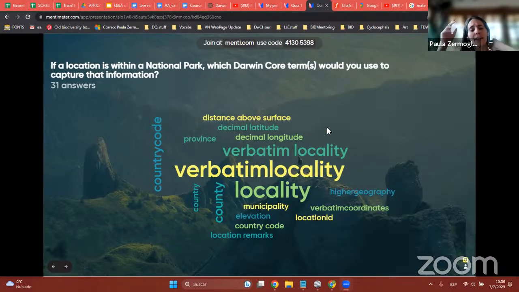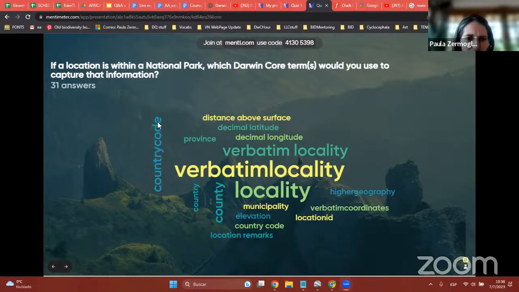Of course, I mean, the national park has coordinates that we can associate to it. But what we're trying to see here is, where do we write down blah blah national park? That's what we're trying to see here. So the coordinates here and the verbatim coordinates here, we cannot use those terms to capture the name of the national park.